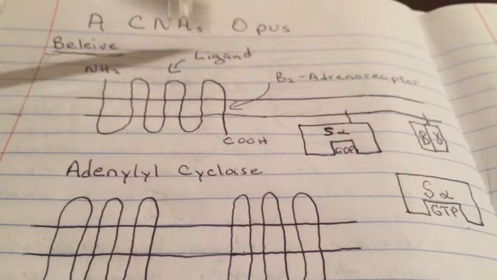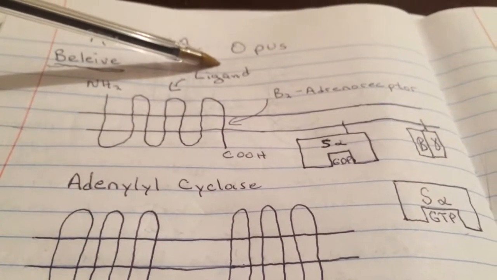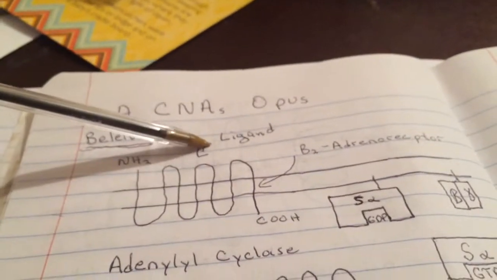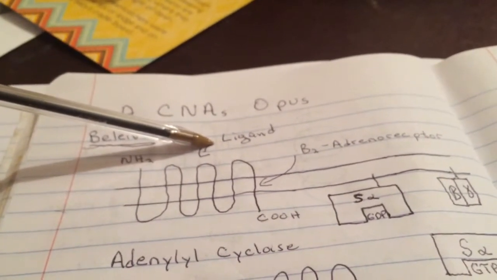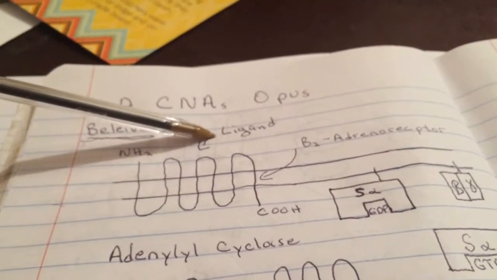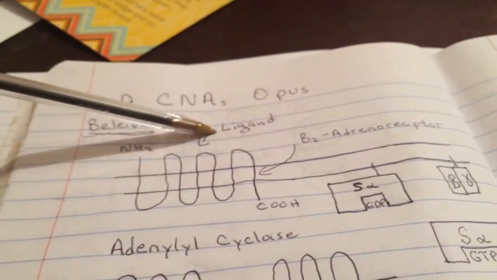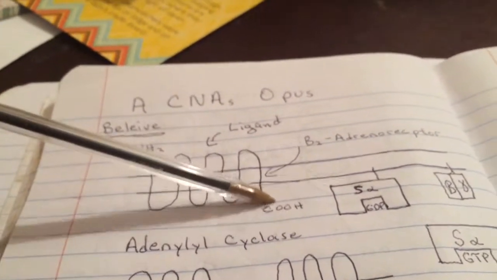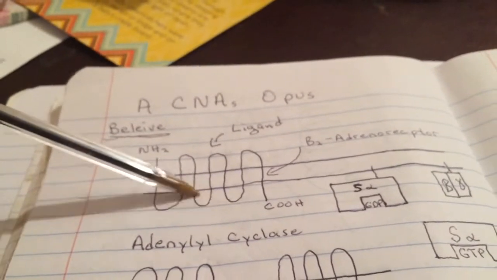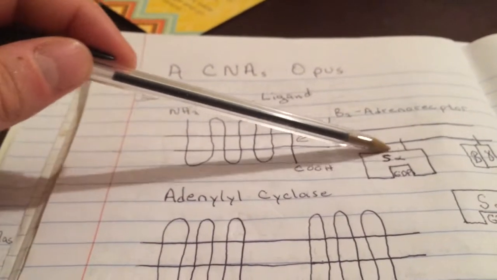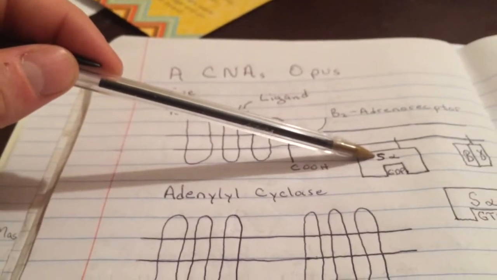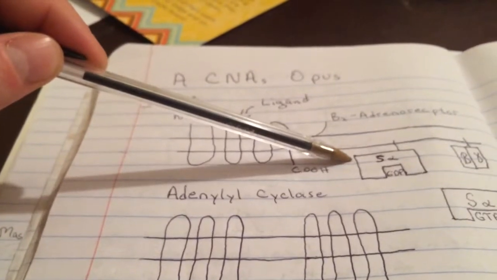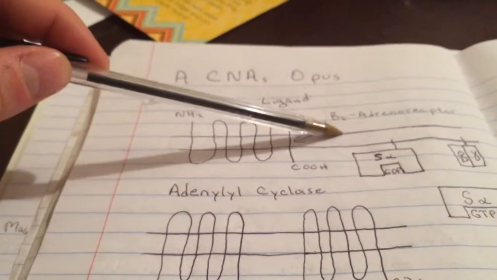So the ligand to start the chain of events for adenylyl cyclase is going to be adrenaline or noradrenaline, so epinephrine or norepinephrine. Those are the two ligands that come in here and make a conformational change intracellularly to increase the affinity of the S-alpha family of heterotrimeric G proteins.